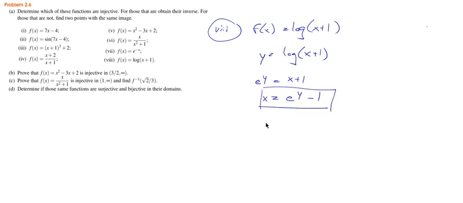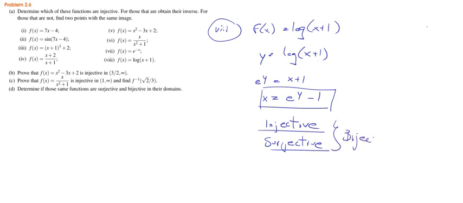Again, this is injective because for different values of y you will have different x, and it's also surjective because the domain of the exponential is the real line, so you can plug in any real number here and you will have an x. So this function is bijective.